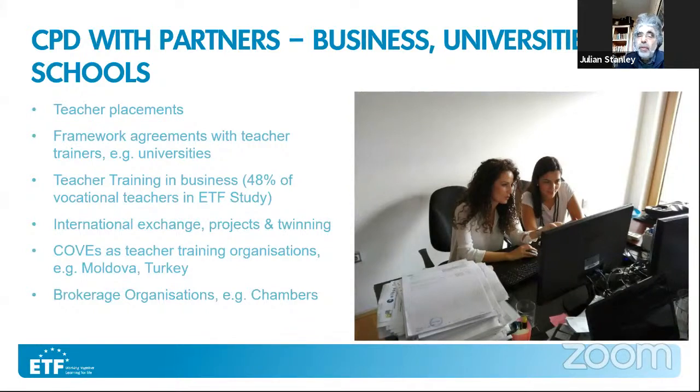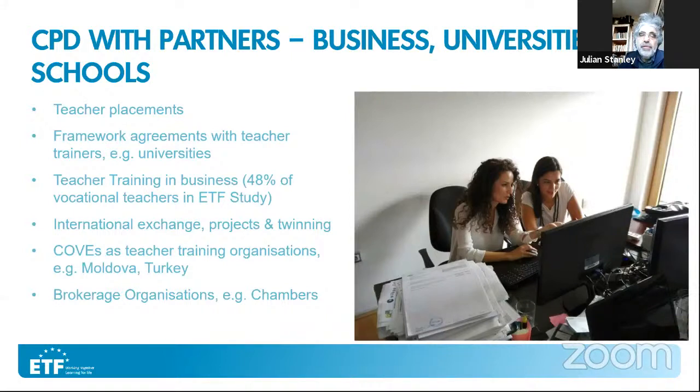We also know that schools are looking sometimes to have a long-term agreement with a teacher training organization such as the university, so that over time they can get that organization to provide different training as they need it. We know that increasingly schools want to have teacher training which takes place not in the school, but in the appropriate business.